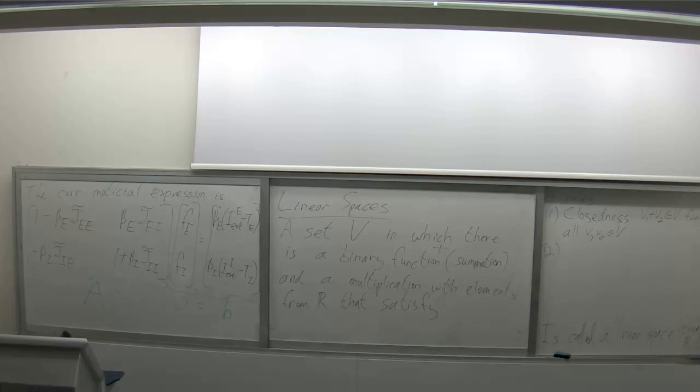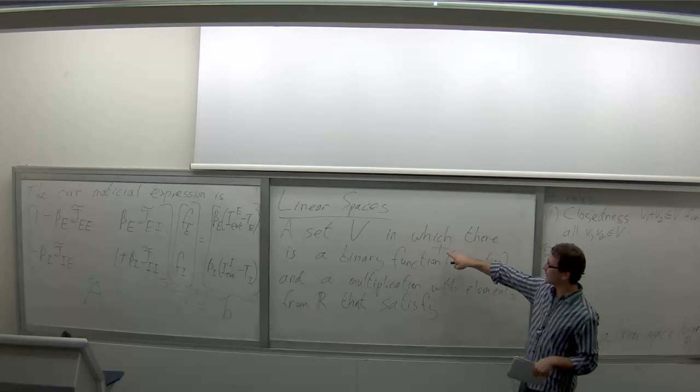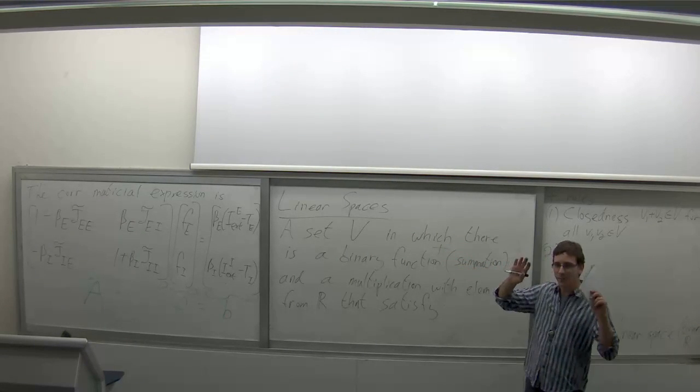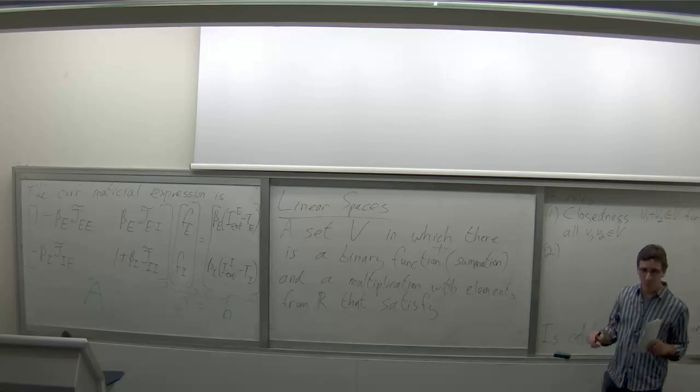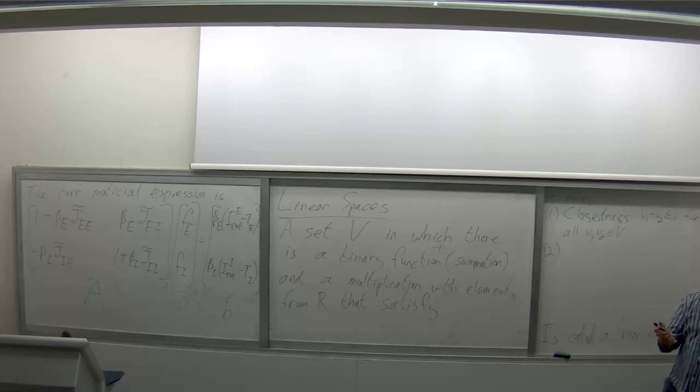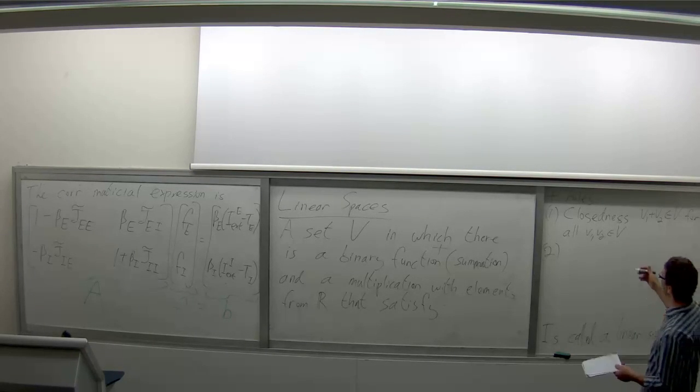Binary function has to be summation. I mean, a binary function, I denote it by plus, and we think about it as summation because what it obeys is something that we think of as summation. Okay? Usually, in our examples, it will be indeed summation. It will rely on summation from R. Okay? But basically, it's not necessary.